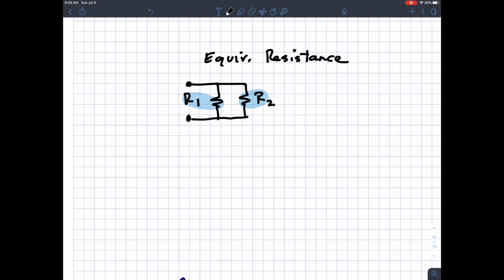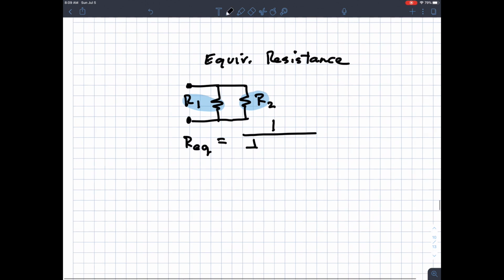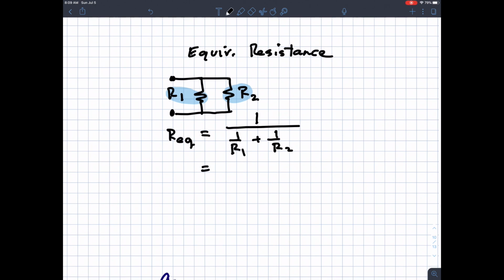What we talked about in another video is that the equivalent resistance of two things in parallel is 1 over (1 over R1 plus 1 over R2).